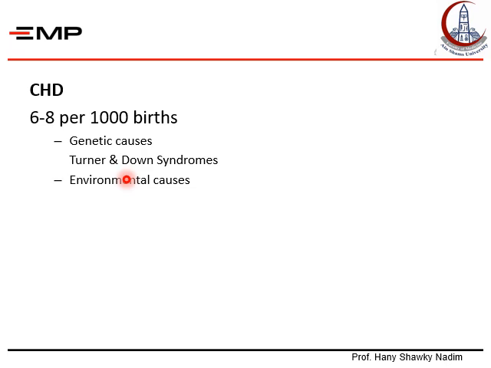The genetic causes are common in Turner syndrome and Down syndrome. You know, Turner syndrome is a female lacking one X chromosome, and Down syndrome is trisomy in chromosome number 21. The environmental causes, the most common cause is infection with German measles virus.